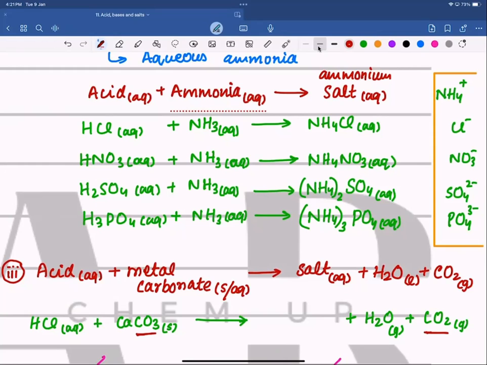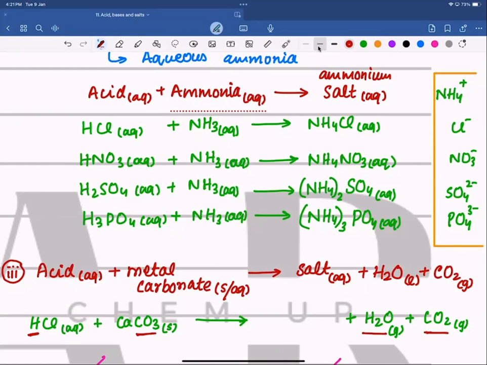That oxygen combines with the hydrogens of the acid to form water. So now we have marked the ions or atoms from the reactants which are turning into water and carbon dioxide.